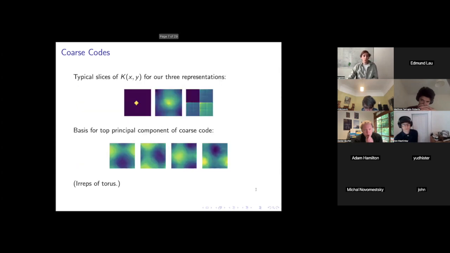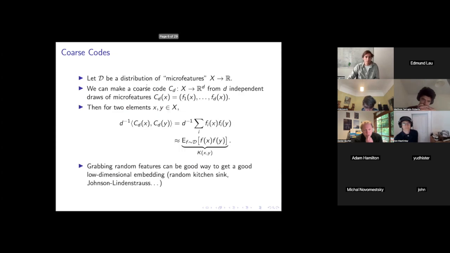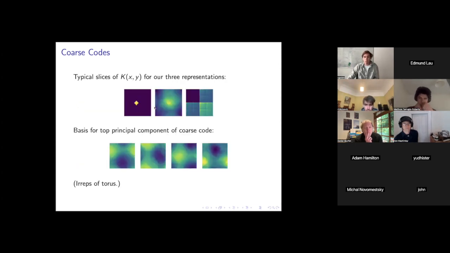And to make this visual, here is this function k(x,y), or rather, really this function inner product c(x), c(y). So cosine similarity of vectors for these two representations I was talking about. If I take the local representation and ask what's the inner product between the encoding of one point and the encoding of another point, it's 0 unless they're very, very close together.